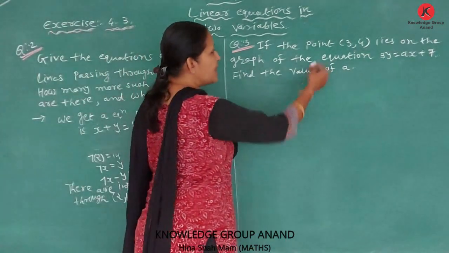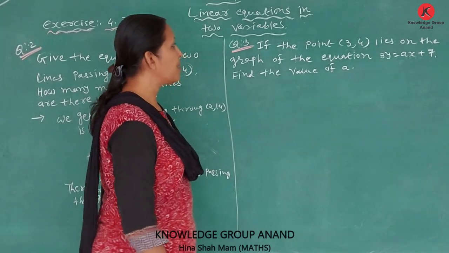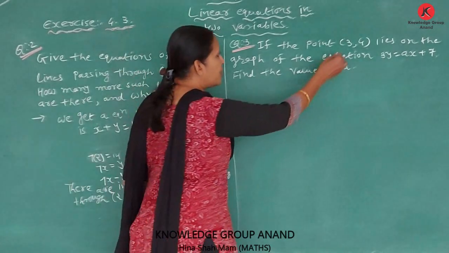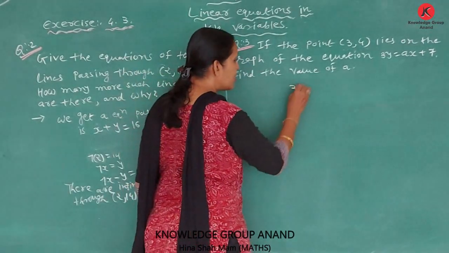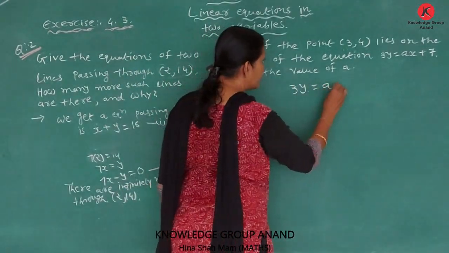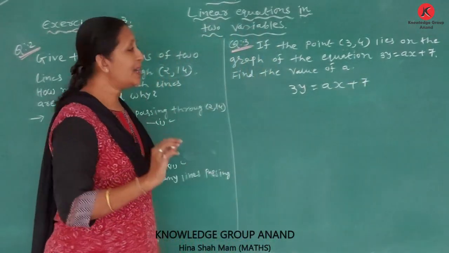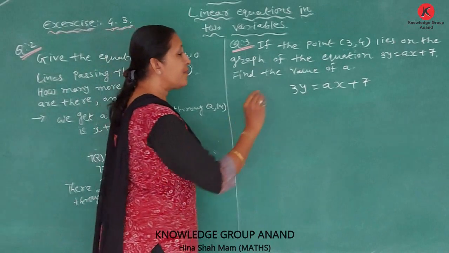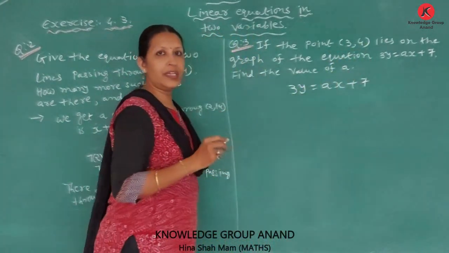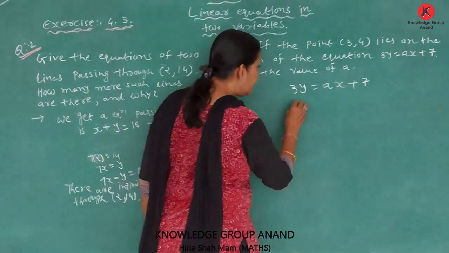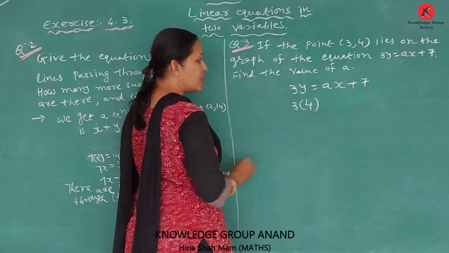Here our equation is 3y is equal to ax plus 7. The point (3, 4) lies on this equation. The x coordinate is 3 and the y coordinate is 4.